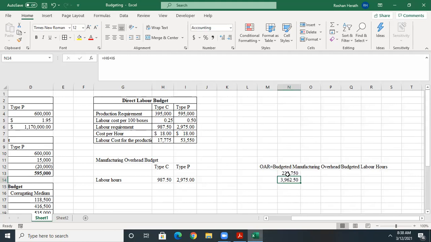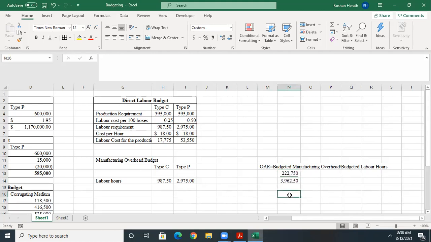3962.5. So if we divide 222,750 by 3962.5, there it gives you the overhead absorption rate. So it's roughly 5.74.